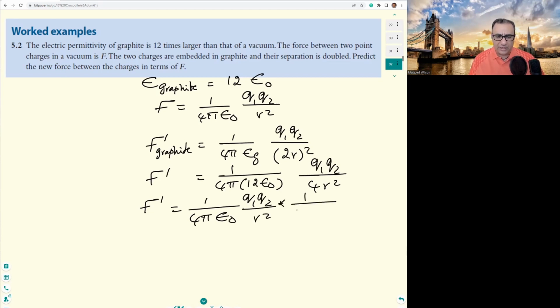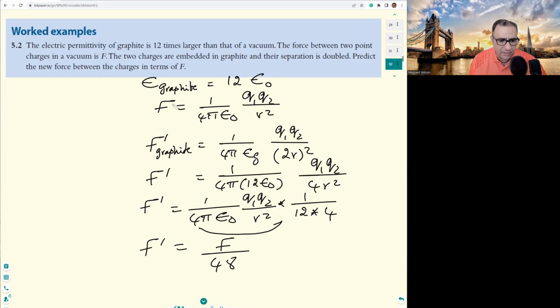All of this part is basically F. This is a quick way; if not, you can always divide F prime by F. So this term is F, and at the denominator we have 12 times 4, which is 48.